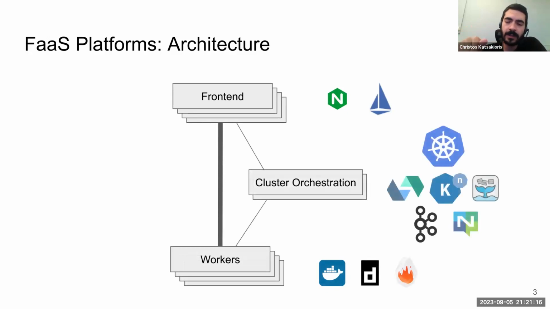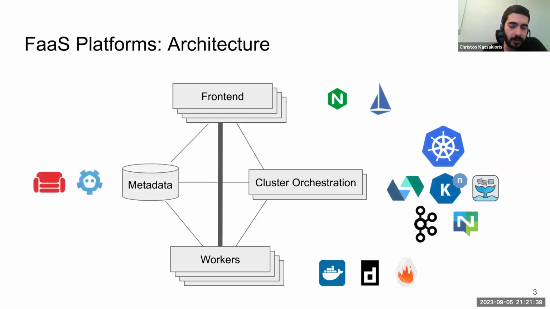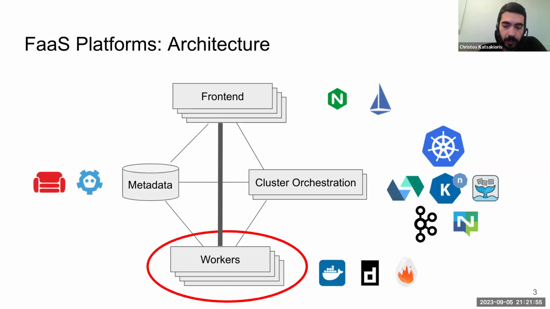Between the front end and the workers, there's a control plane, that is, a number of services responsible for implementing the decision-making logic, like on which node the request should be routed to, or where and when a new sandbox should be spawned, or other scaling decisions. There's usually some configuration store for storing metadata related to the functions, which may later be accessed by any other layer in the architecture. In this talk, FaaSCell focuses on the worker node.